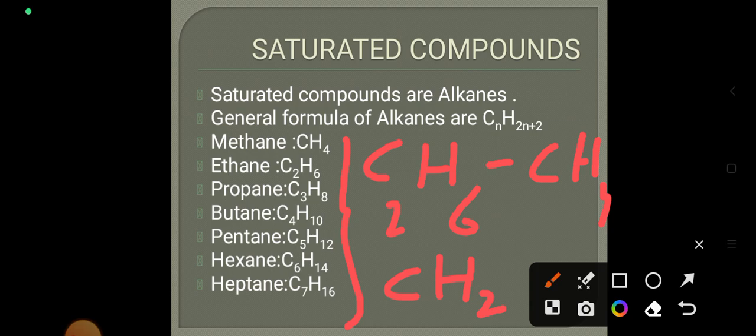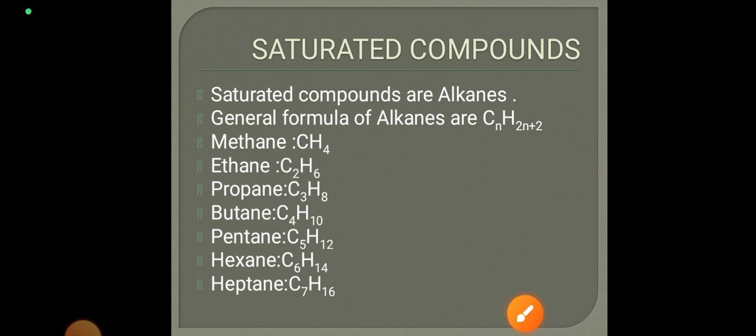For methane, if you add CH2, it becomes ethane. Similarly, for ethane, if you add CH2, it becomes propane. For propane, that is C3H8, if you add a CH2 unit, it becomes butane, and so on.